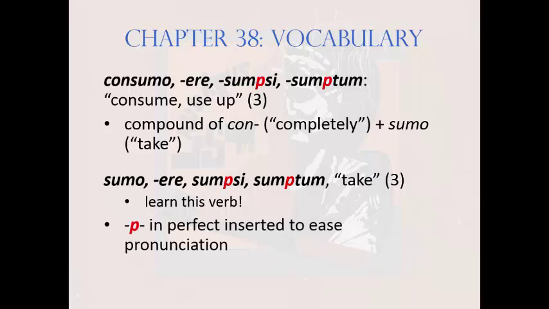The p in the perfect forms of sumo, sumpsi and sumptum, which shows up in consumo's perfect too, is there just to ease pronunciation. It's hard to say sumsi without inserting a p, sumpsi.